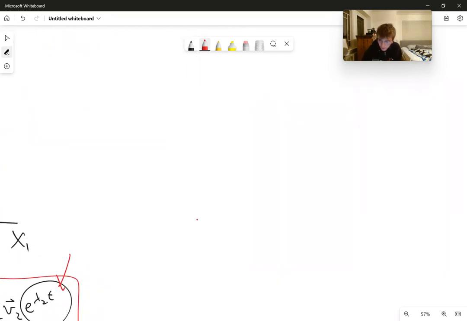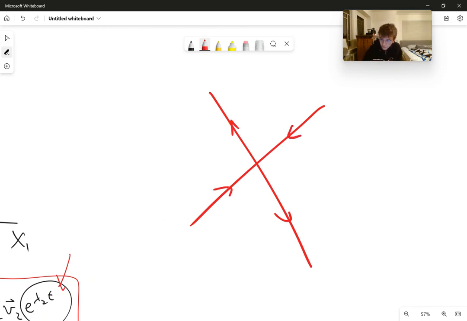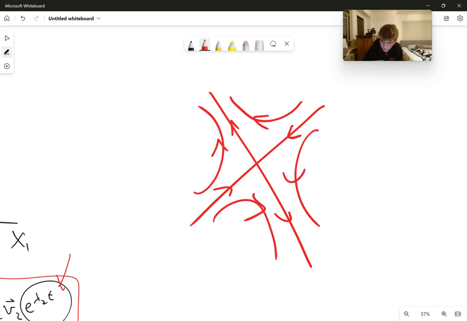If I were to make it incredibly clear, say this was my saddle, and these are my two manifolds, then immediately I would know I had something that looked like this. So I could immediately see this direction is flowing down and then up to this manifold. That's how I can do it without even thinking twice.